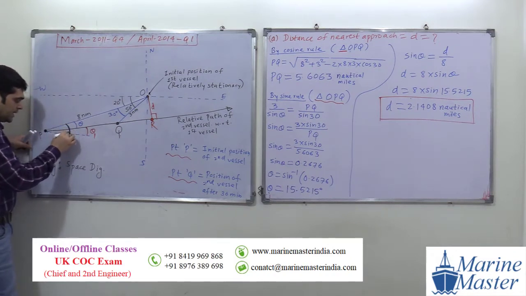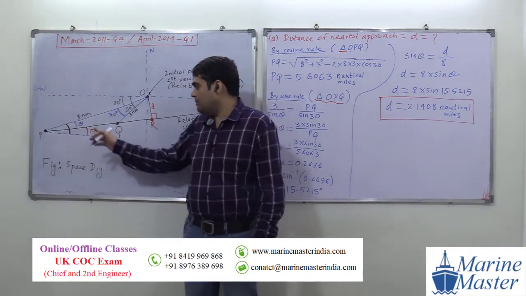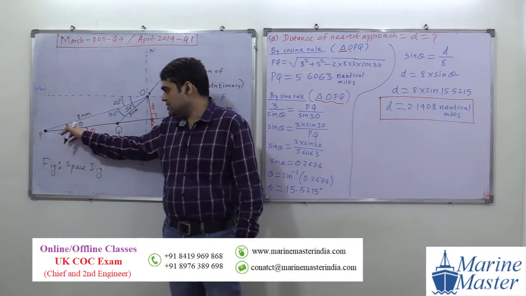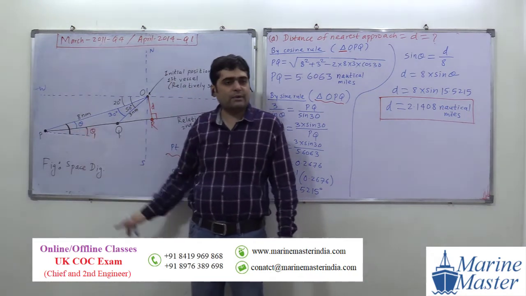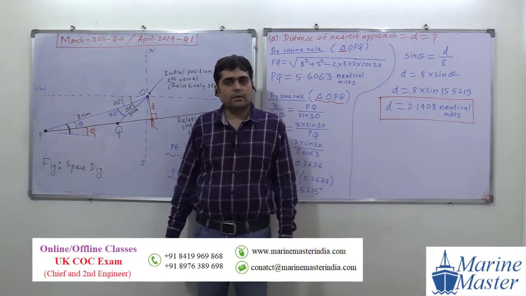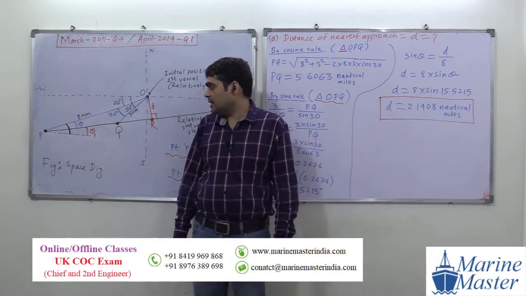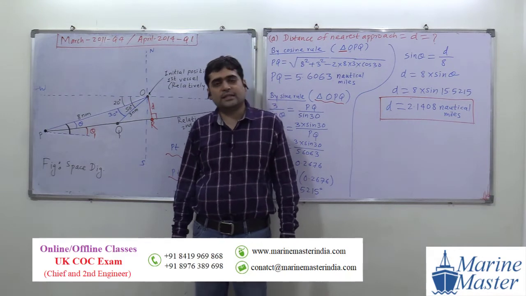The angle of the 8 nautical miles line with respect to the horizontal. What will be the angle of the 8 nautical miles line with respect to this black one? Guys, is this black one visible to everyone? How much is that angle? 30, 50, 20, 60, 70?